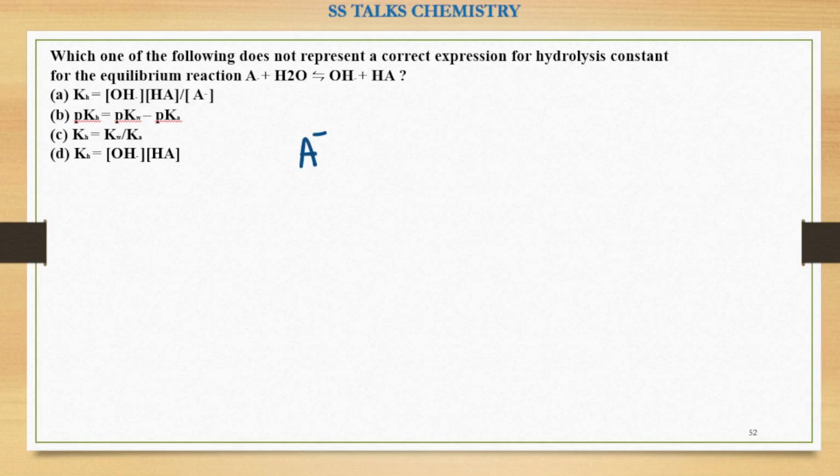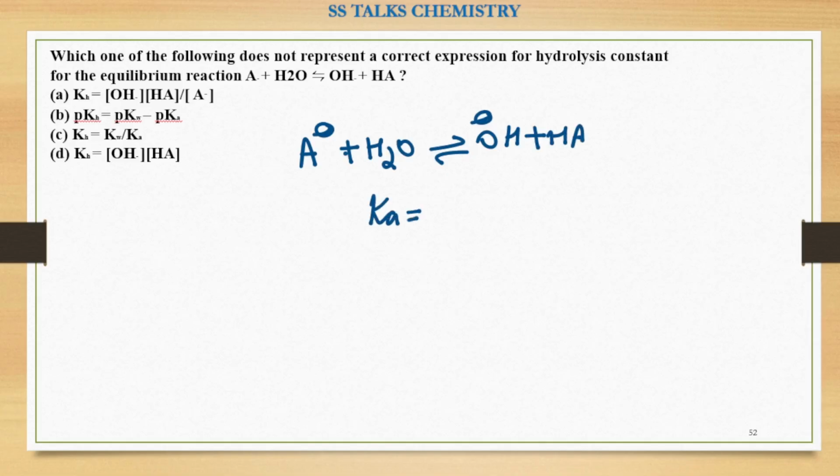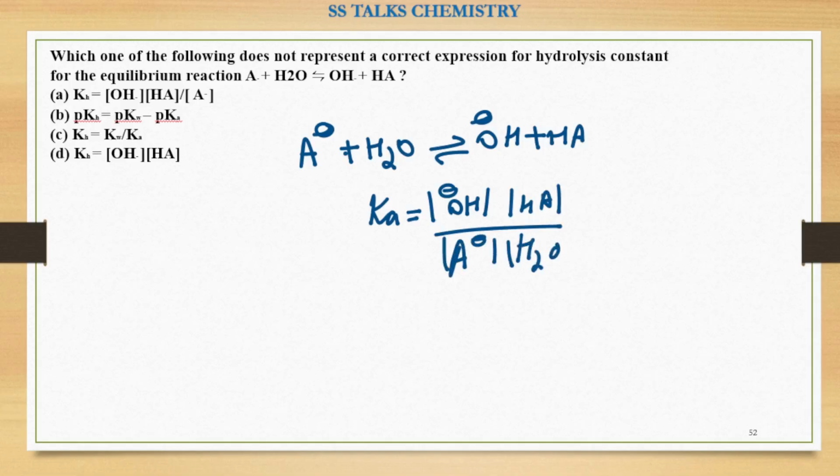So A negative on treatment with water is in equilibrium forming OH negative and HA. If you write the dissociation constant for this, it will be OH negative into HA upon A negative into water.